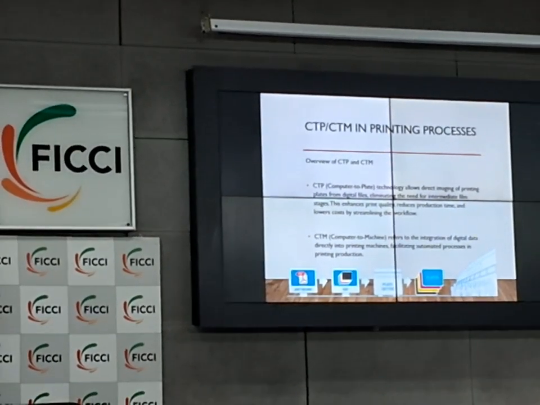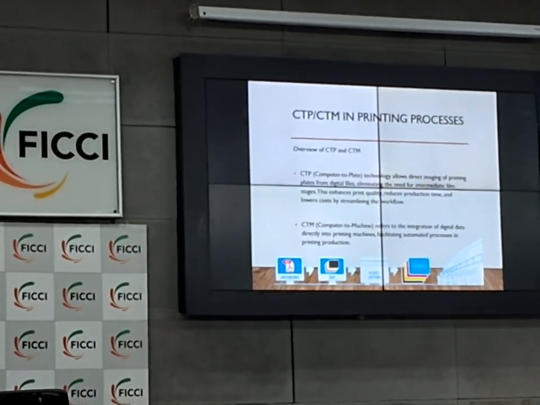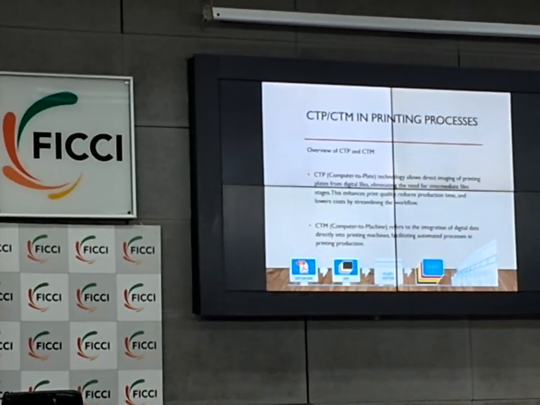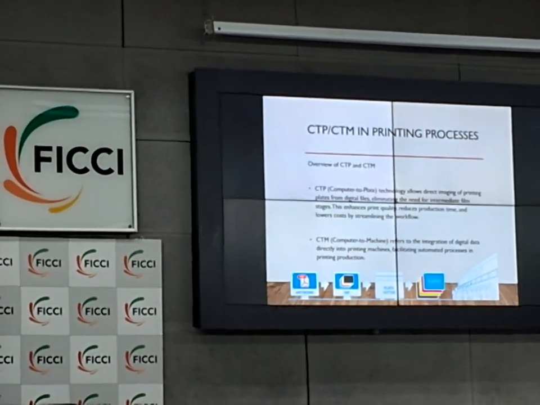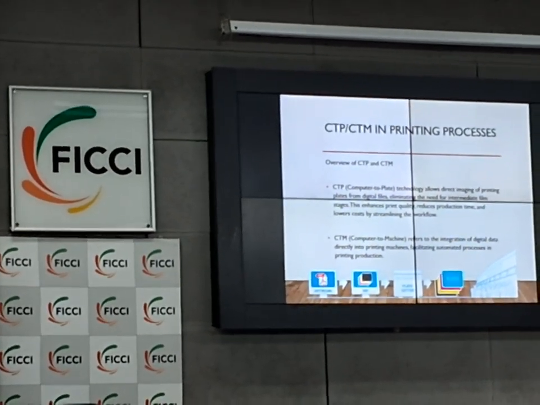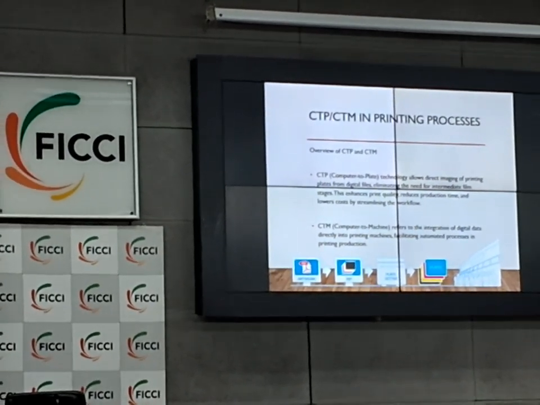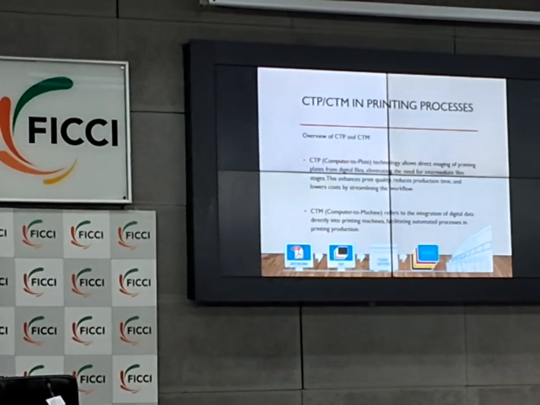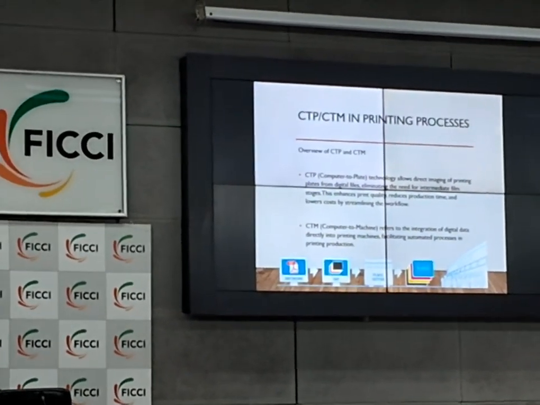Earlier it required a lot of processing, manual operation, manual judgment, measurement, and repetition. But nowadays the image is exposed directly from the computer onto the plate by a laser source, and within 10 or 12 minutes you can get the finished plates, which are then used on the machine for the printing process.